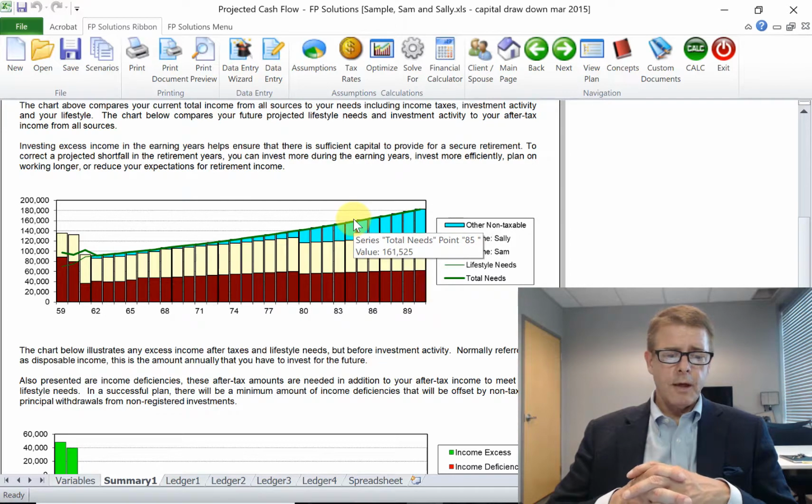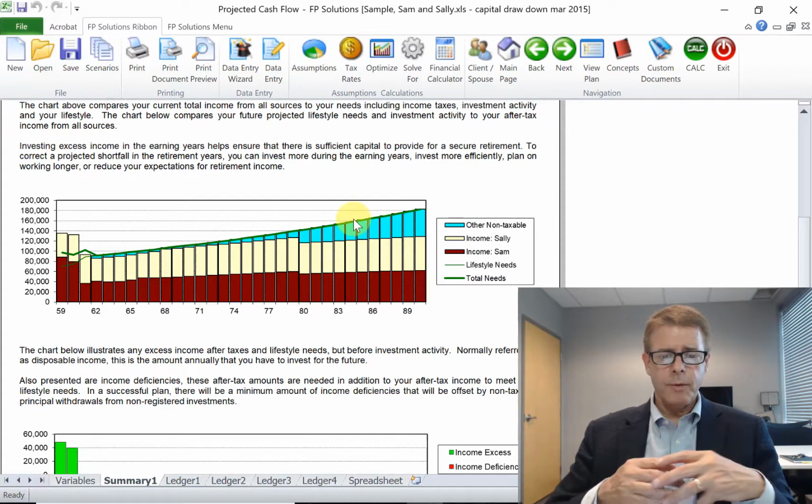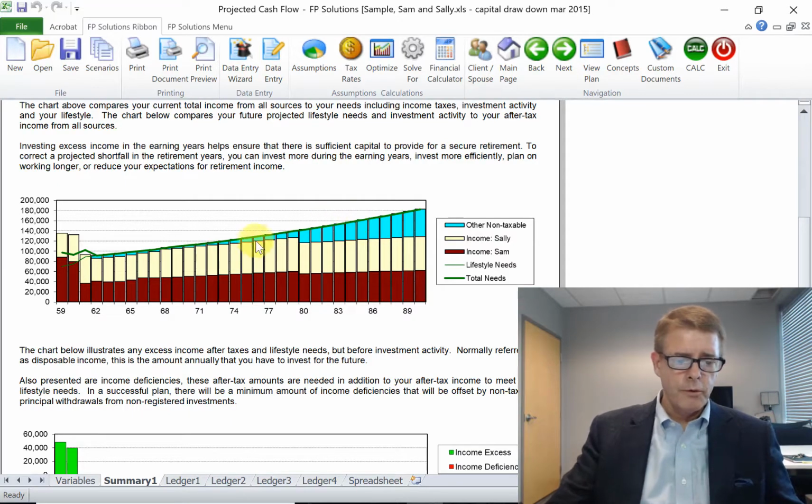The other thing is, in a couple situation particularly, there's a very high probability that one of you would live into your 90s if you look at it from a probability actuarial standpoint. So using age 90 is not an aggressive kind of assumption. People look at that initially and go, I'm not going to live that long. I wouldn't assume that, and I think age 90 is probably the minimum that we want to use.